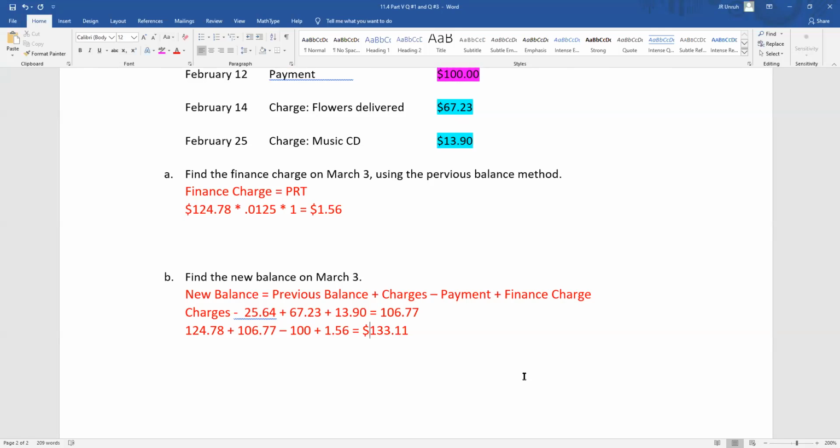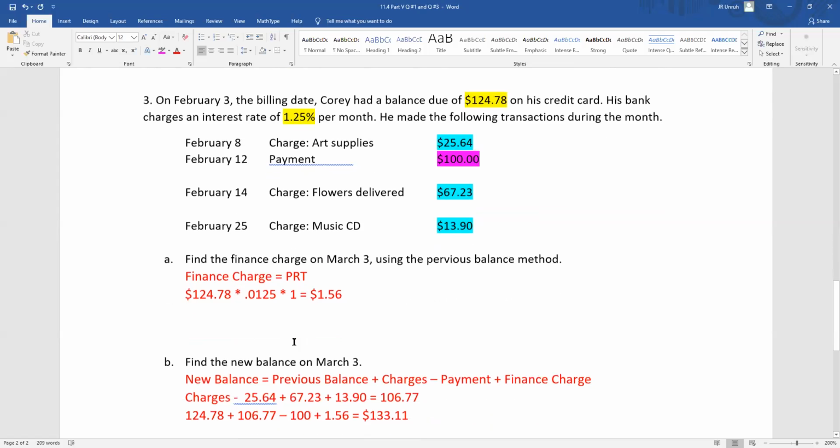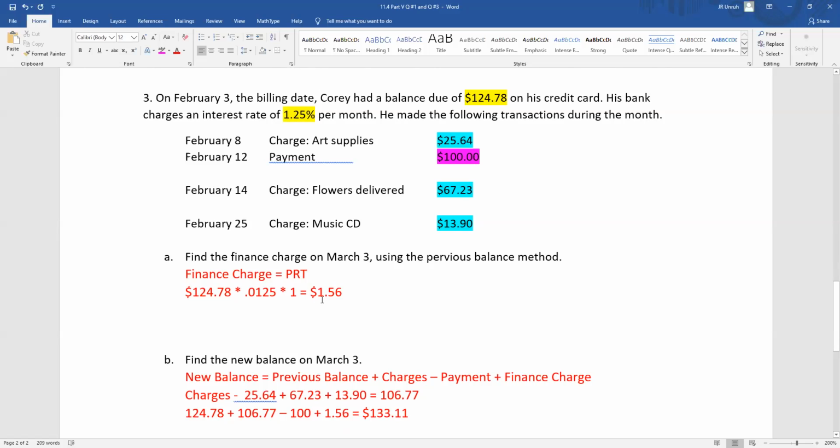So again, this is the previous balance method. Maybe a little simpler than last week's average balance method. The concept is you need to figure out what the finance charge is. The finance charge is based on the previous balance, whatever the balance was at the end of the previous billing period, times the rate, and remember the rate is given as a monthly rate. That's why we are multiplying by simply one, because it's 1 month, and that gets us our finance charge.